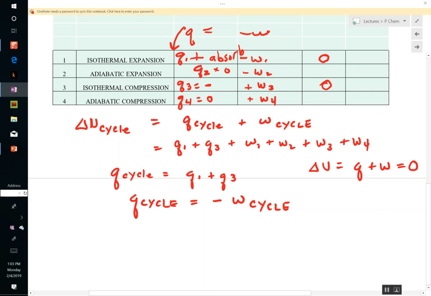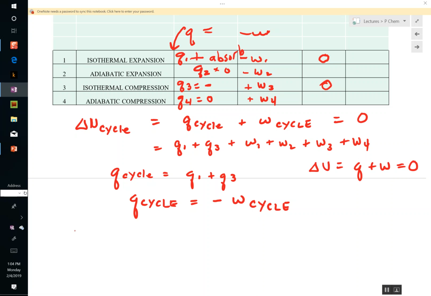And since delta U overall is 0, because the Carnot cycle starts and ends at the same point, delta U is 0. So the heat of the cycle equals the work of the cycle.